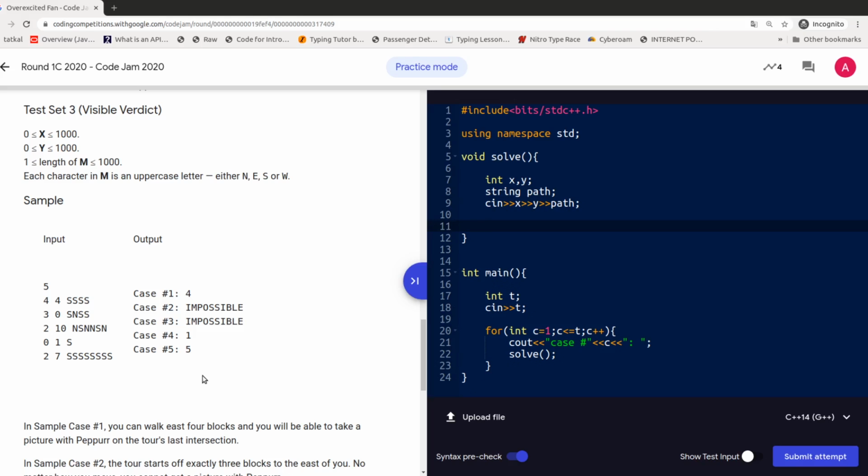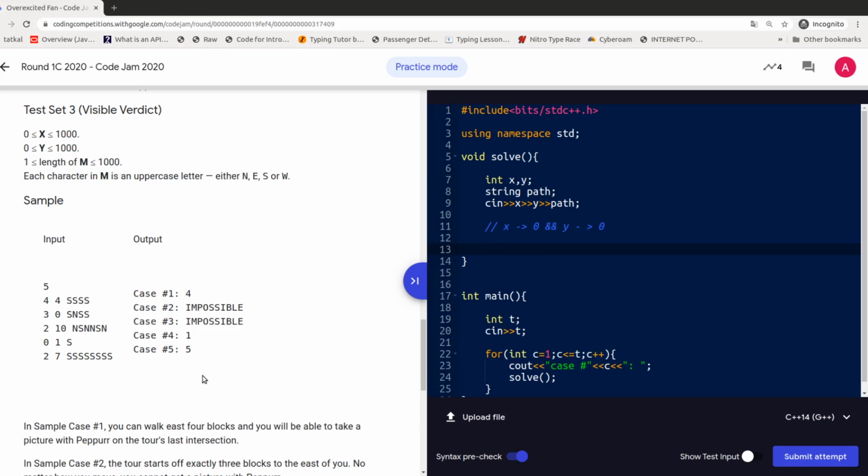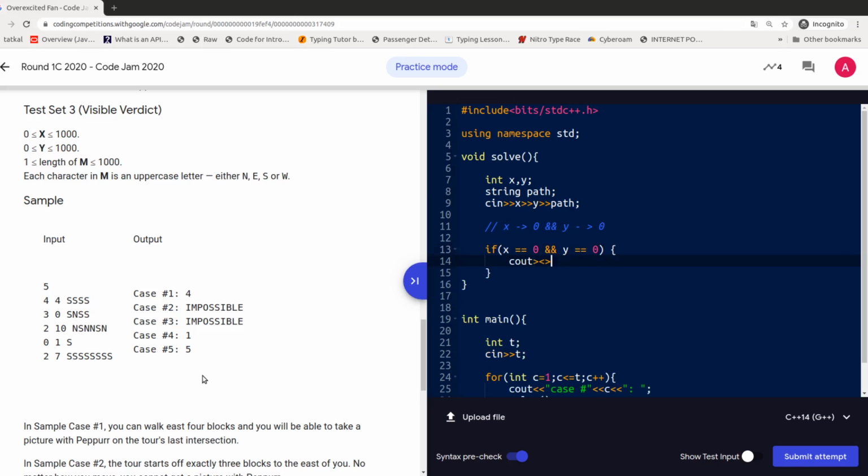Now if the initial x is 0 and y is 0, then in this case you can always say that the total time taken will be 0. So if x is 0 and y is 0, then our answer will be 0, and we can return this.